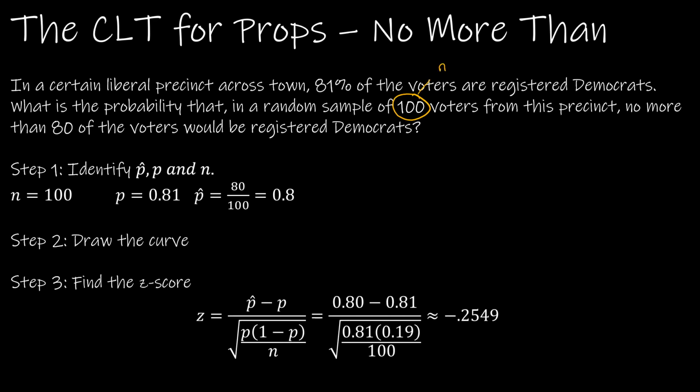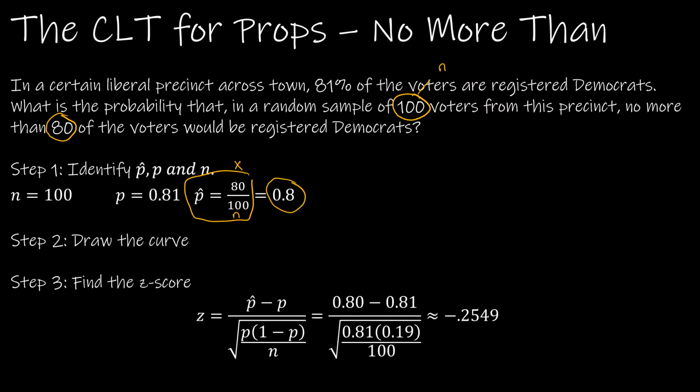And then a lot of people get confused between p hat and p. p hat is what we actually observe. So it says no more than 80 of the voters would be Democrats, so we would be observing 80 out of 100, which is x over n.